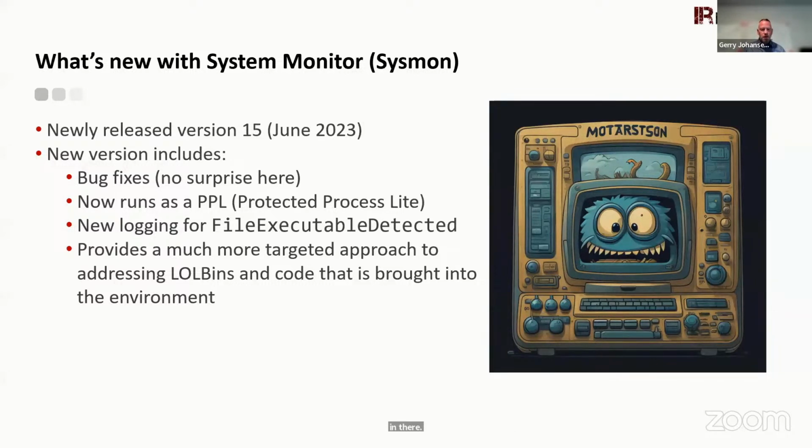So this is really one of the 2 major changes, but that file executable detected really helps us with that understanding of additional tool sets that were brought in, maybe not executed, or maybe we see a date and timestamp when those things are brought in, and we can start to look at a much more granular timeline of threat actor activity.